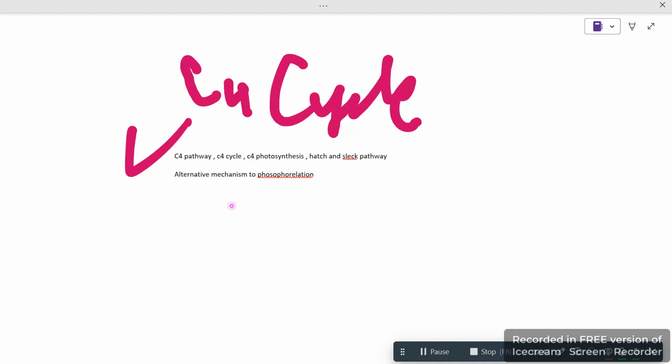Another point: we know plants fix CO2. Plants help in the fixation of CO2 in the presence of what? The maximum O2 concentration.